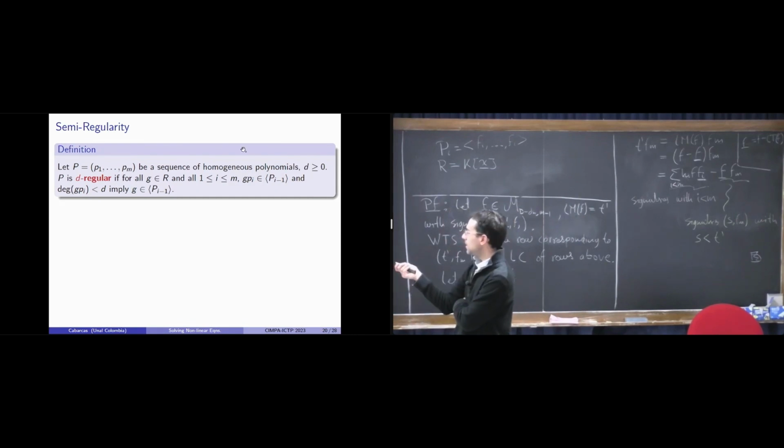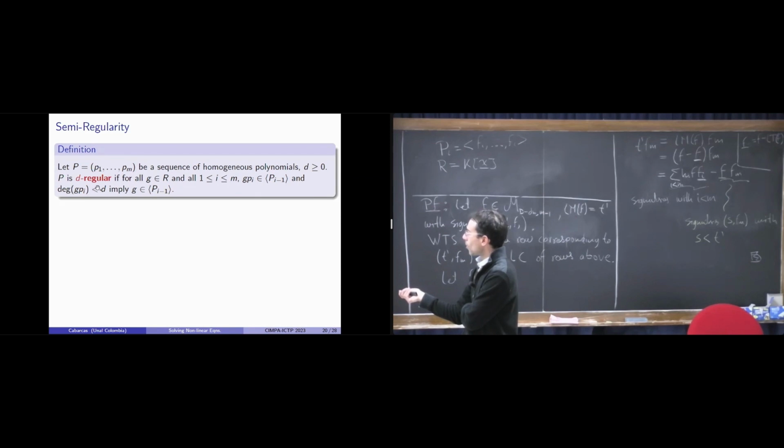Let P be a sequence of homogeneous polynomials, d greater or equal to 0. We say that P is d-regular if we have the same condition, but only for polynomials G such that the degree of G P_i is less than d.